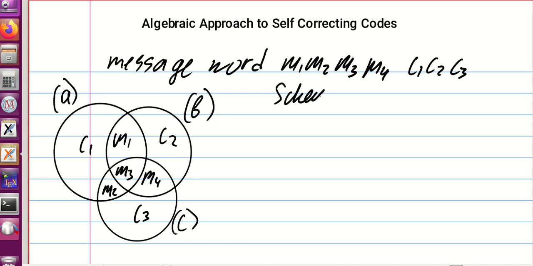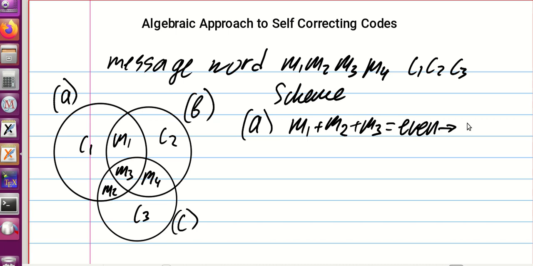So what is our scheme? Our scheme is relatively simple. For circle A, we have the sum of M1, M2 in this circle, there is M3 in this circle, and if the sum comes out to be even, that means our C1, maybe words are better here, then C1 has to be equal to 0.